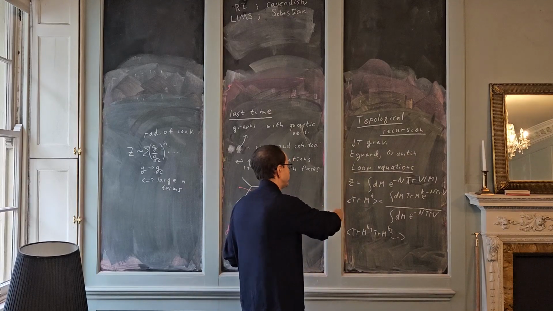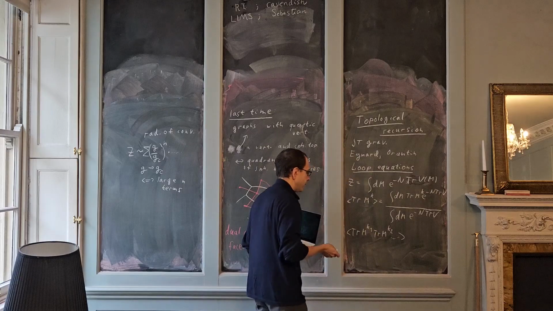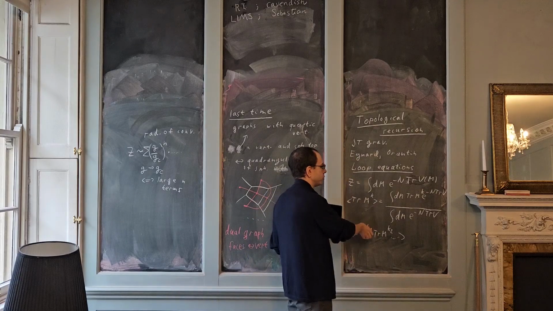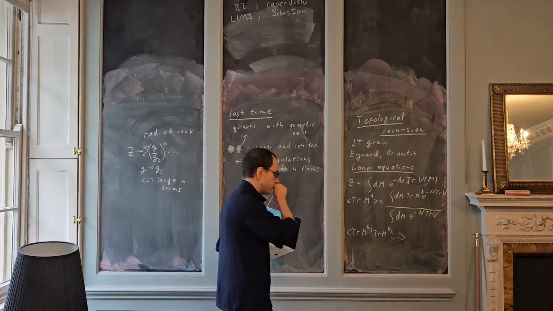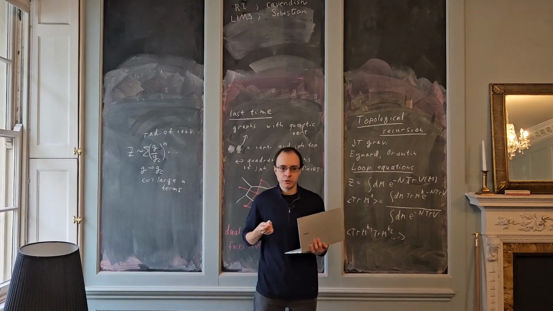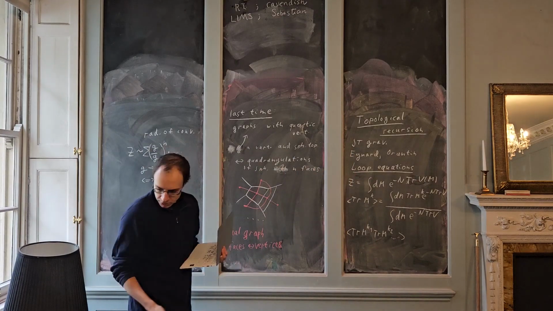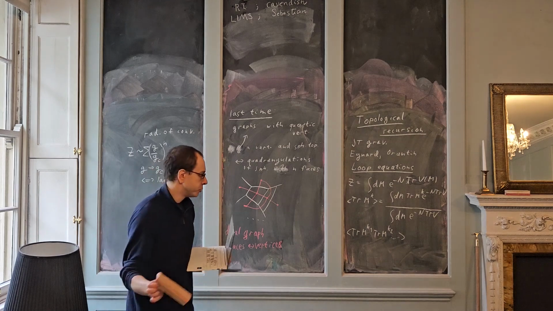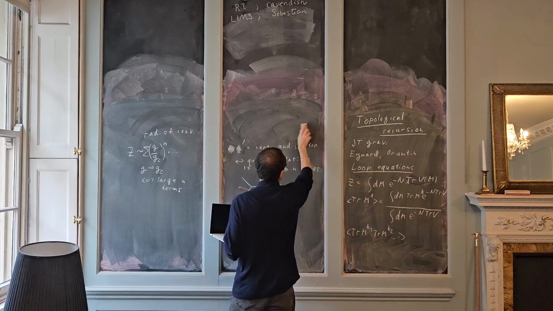These loop equations relate different correlators to each other, and they mix different orders in the 1 over n expansion. The origin of these relations is very simple. They are basically the Schwinger-Dyson equations familiar from field theory, or, to put it another way, they express the fact that the integral of a total derivative is 0.